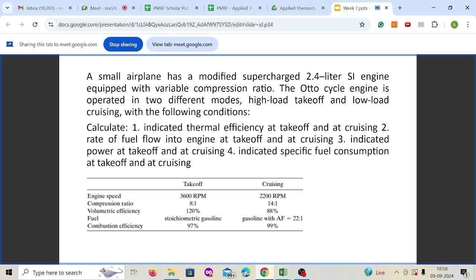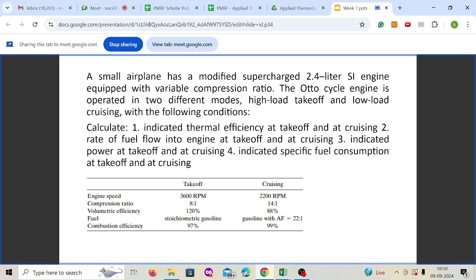So moving on with the next question. A small airplane has a modified supercharged 2.4 liter spark ignition engine equipped with variable compression ratio. The Otto cycle engine is operated in two different modes: high load takeoff and low load cruising, with the following conditions.